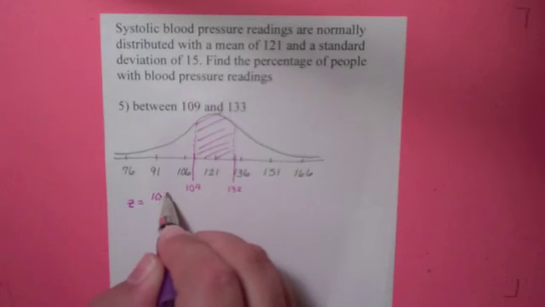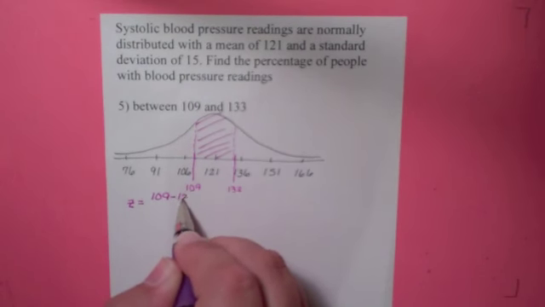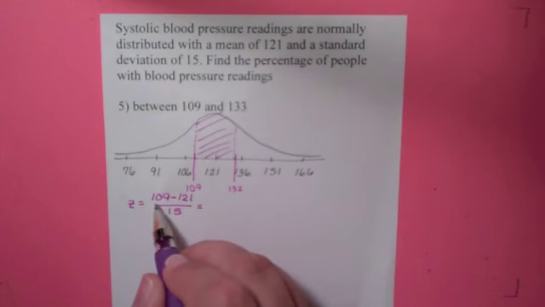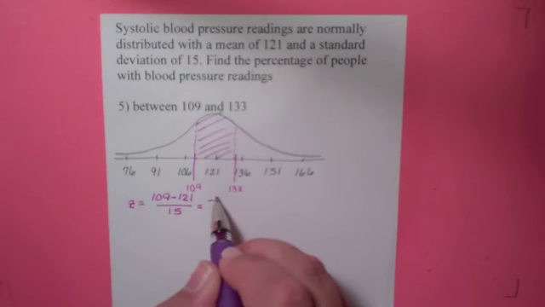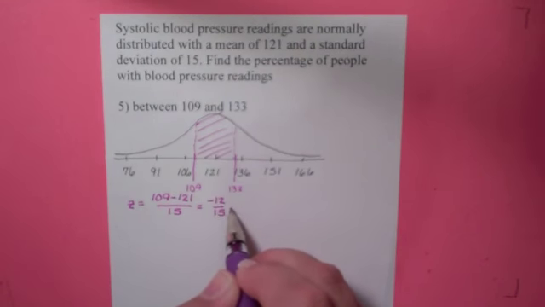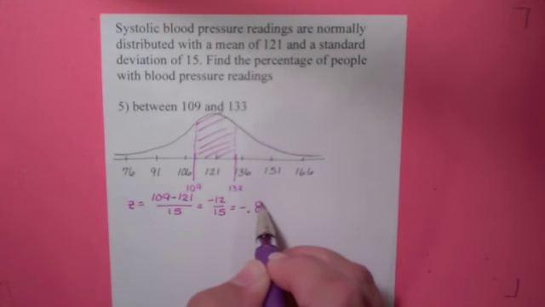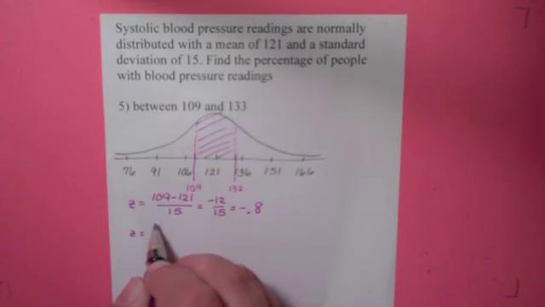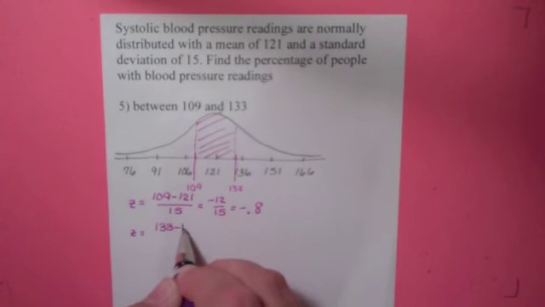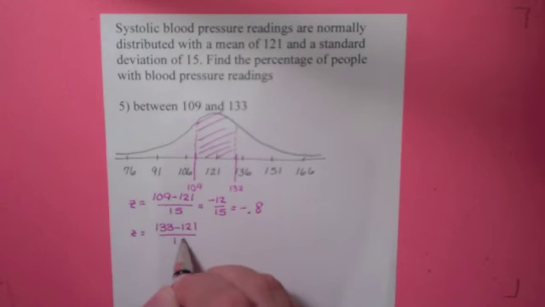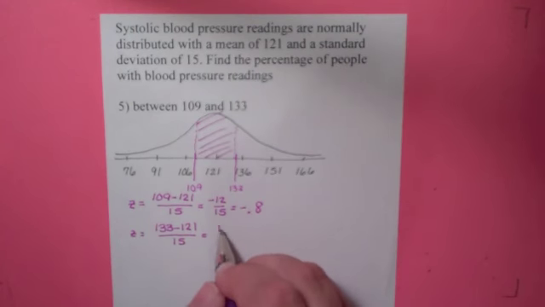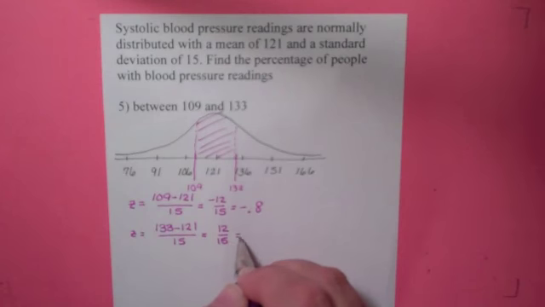So 109 minus the mean divided by the standard deviation. 109 minus 121 is negative 12. Over 15 is negative 0.8. And for the other point, 133 minus the mean divided by the standard deviation. 133 minus 121 is 12 over 15, which is positive 0.8.